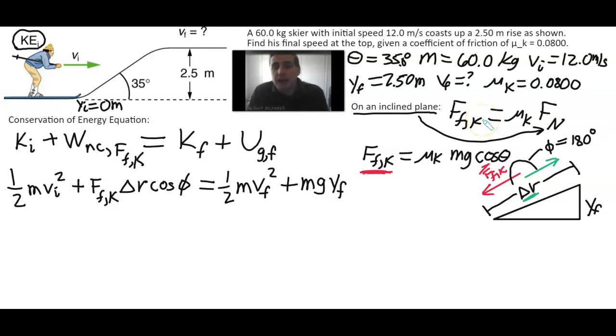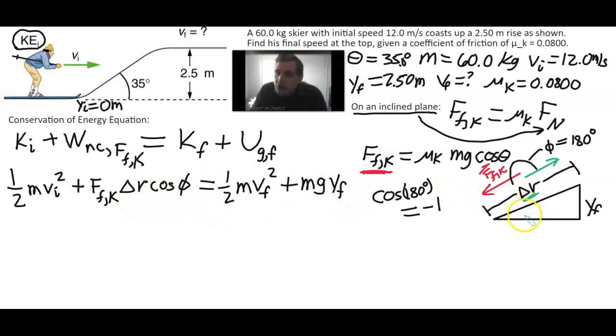So then we know the cosine of 180 degrees from our unit circle memorization. That should be -1. I hope that makes sense to you why it's -1. Because if the displacement is up and the force is down, friction is going to do negative work, and that's where the cosine of 180 degrees comes in. It gives you a minus sign.